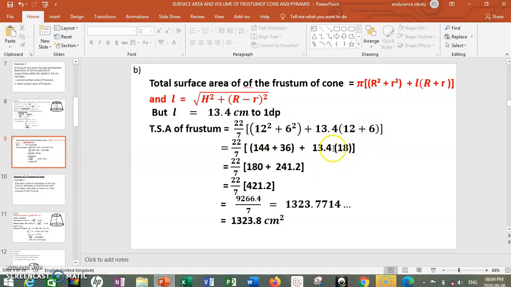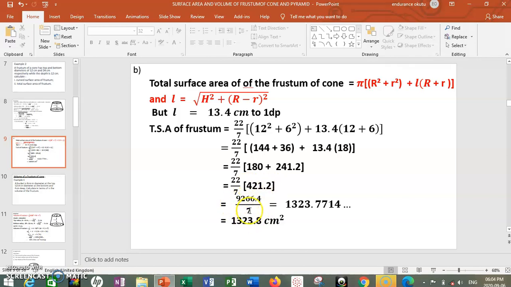When we multiply 13.4 times 18, it gives us 241.2. When we sum 144 plus 36, it gives us 180. So when we add 180 plus 241.2, it gives us 421.2. Now when we multiply by 22 and divide by 7, multiplying by 22 we have 9266.4.